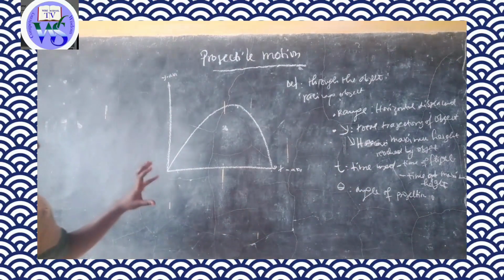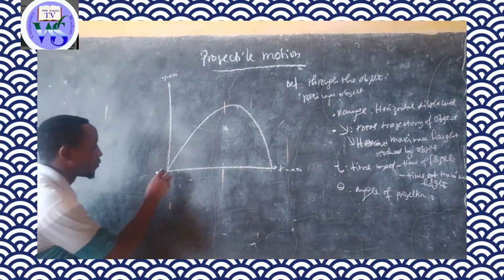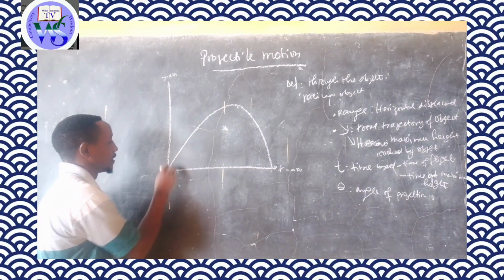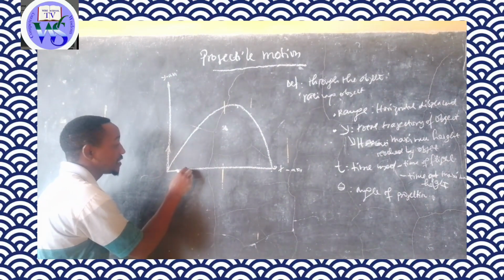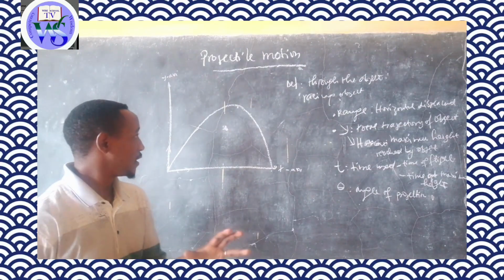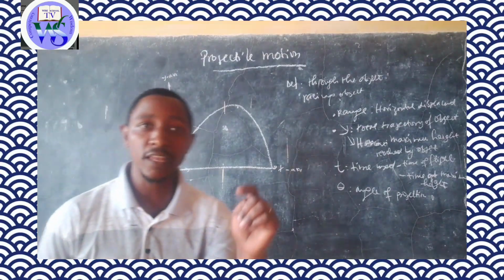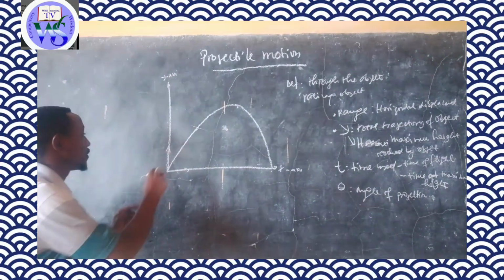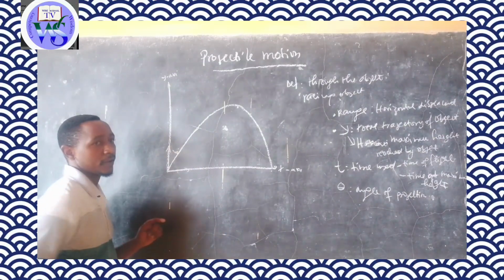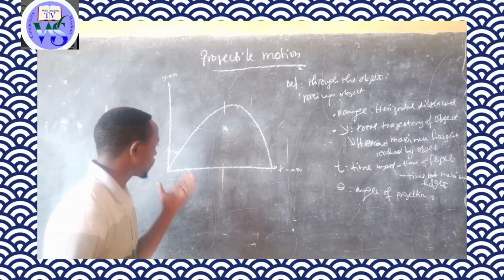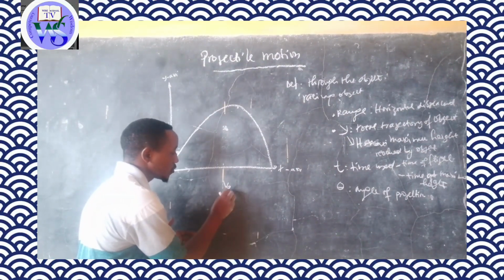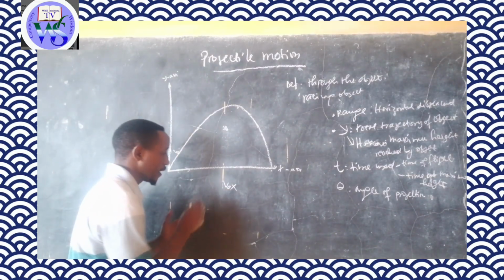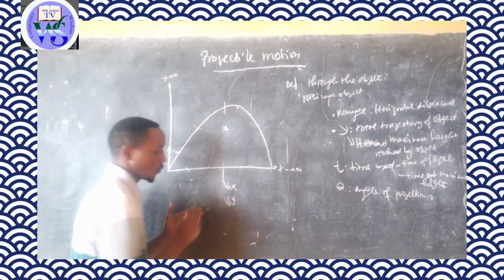So how do we find the range? When the object moves upward, it moves in two dimensions, x and y. There is also the initial velocity, with an initial velocity for x and an initial velocity for y.